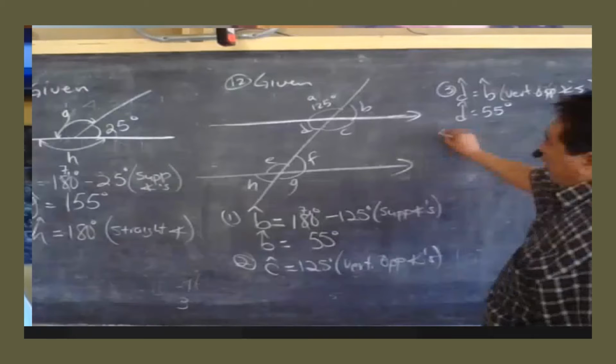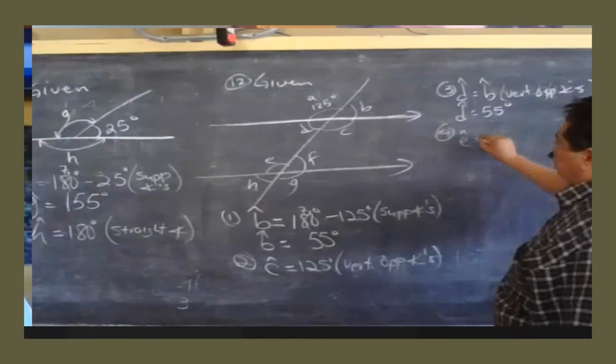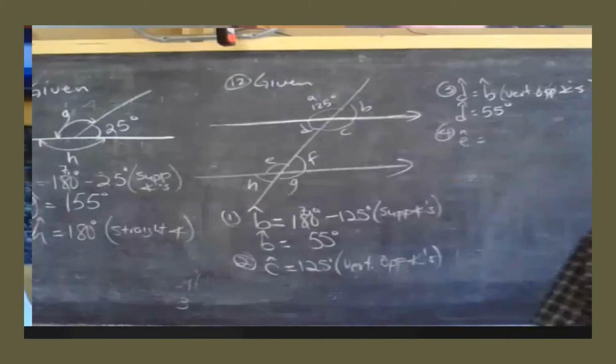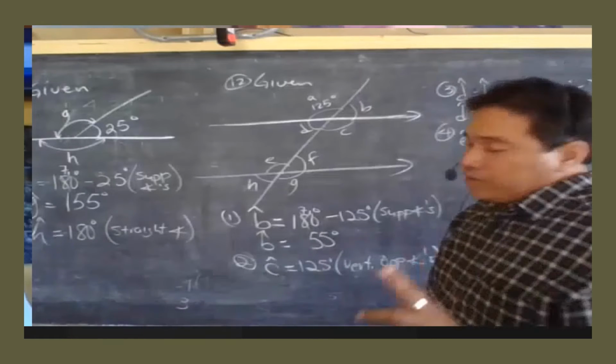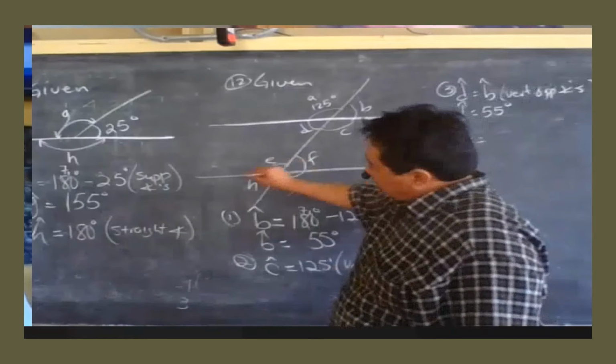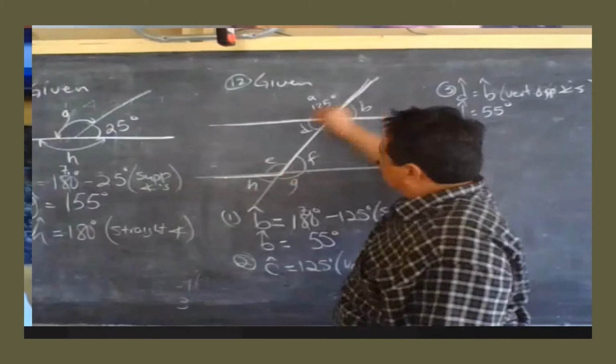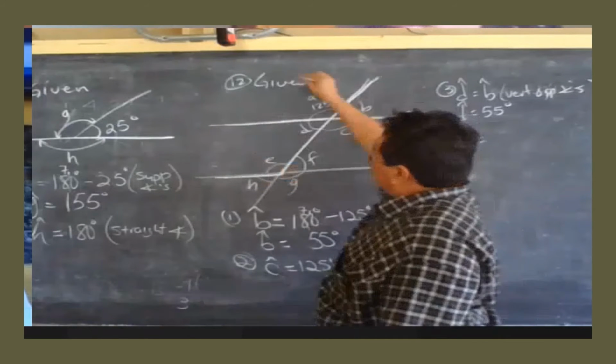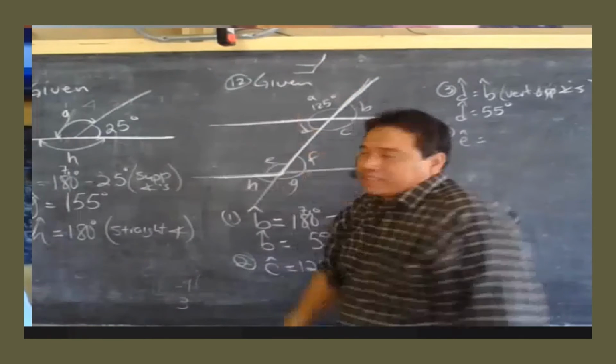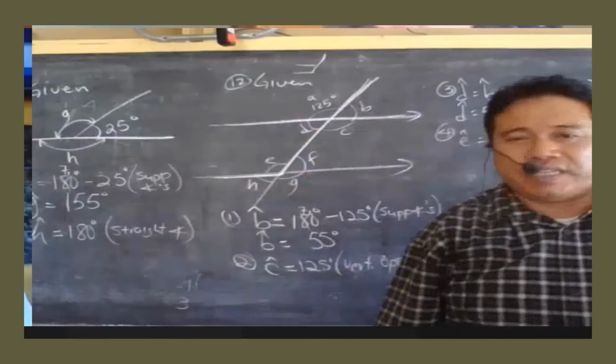For E, too bad I don't have any colored chalk, so you're going to need to see this. E produces this shape. Notice, if I draw it over here, it looks like this. What shape is that?